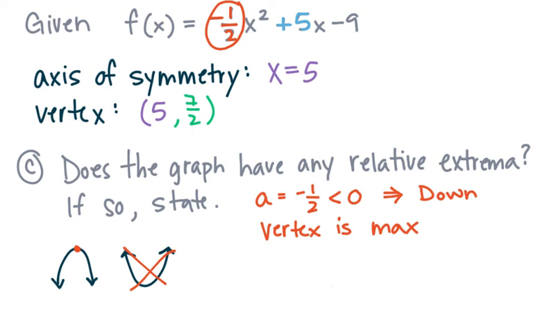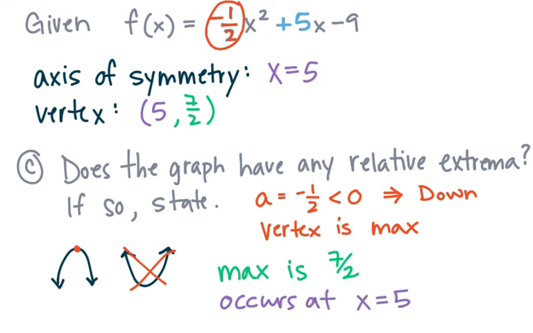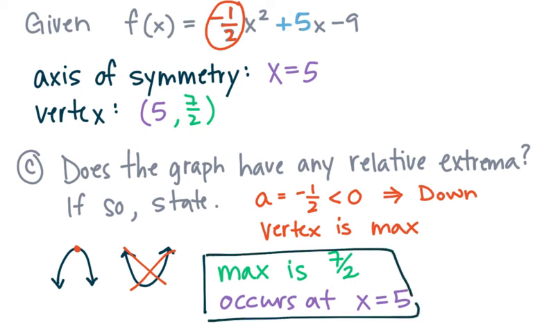In this situation, we will say the relative maximum is 7/2, and it occurs at x equals positive 5. That would be our third piece of the answer here. So the maximum is y, which is 7/2, and it occurs at x equals 5.